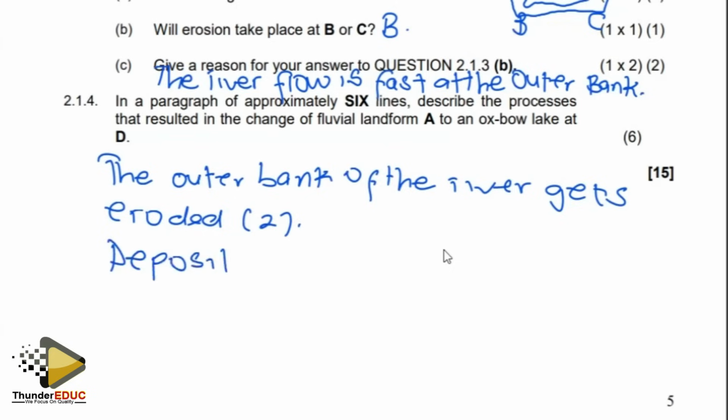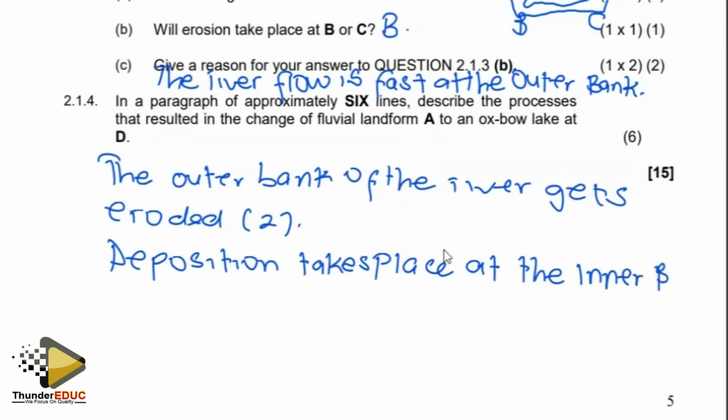Then you also get 2 marks for that. Remember, they say it's approximately 6 lines, but each line you give, you get 2 marks for that. And then you also talk about the meander loop develops.